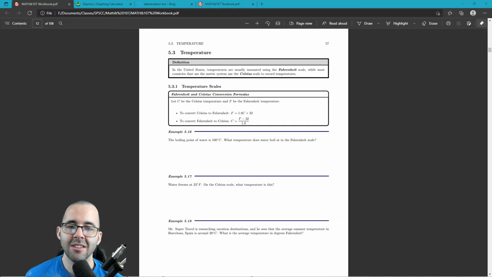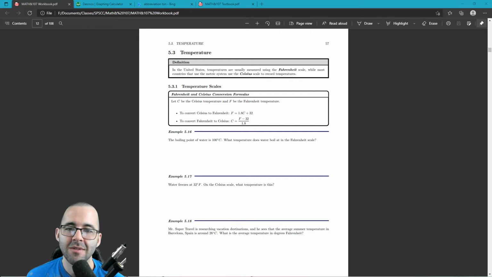Whereas Celsius, there's a lot of explanations for why Celsius is nice. 0 Celsius is freezing, 100 Celsius is boiling, and 1 degree Celsius means something about heating water or something. Wait, no, I'm thinking of calories, I think. Disregard.